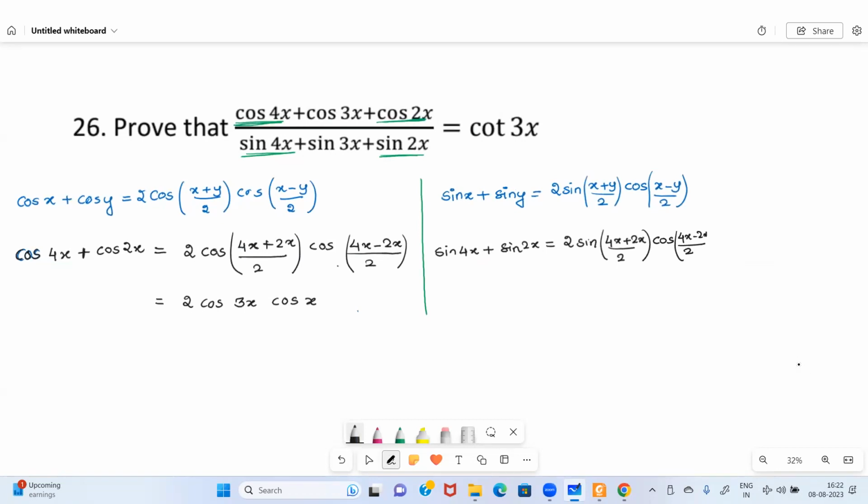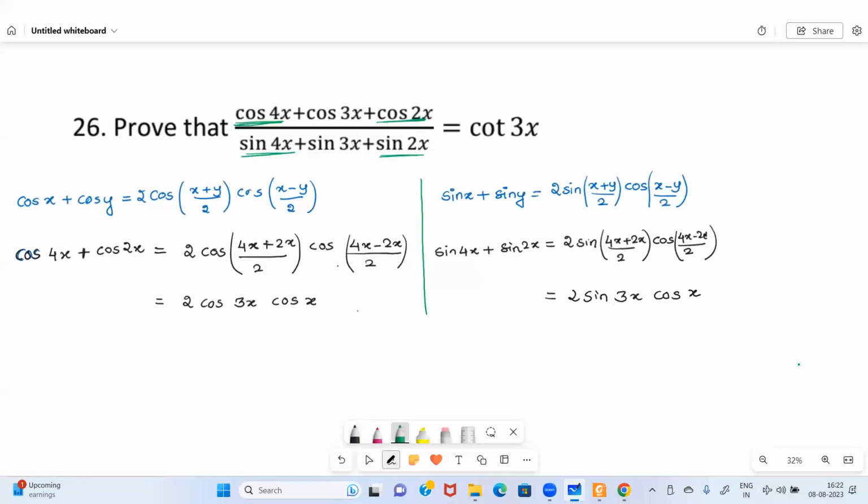Clear, students? So this would be nothing but 2 sine 4x plus 2x is 6x, 6x by 2 is 3x, cos 4x minus 2x is 2x, 2x by 2 is x.